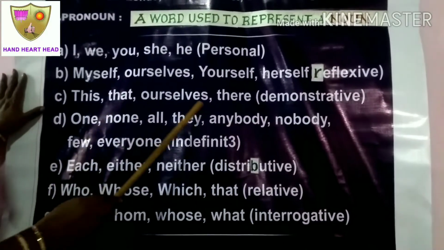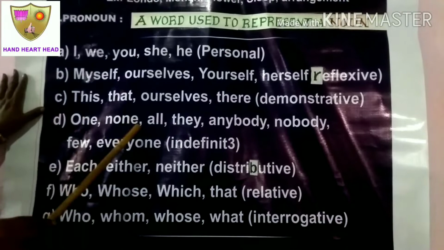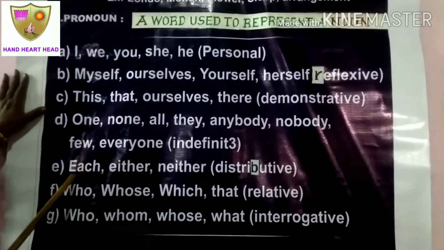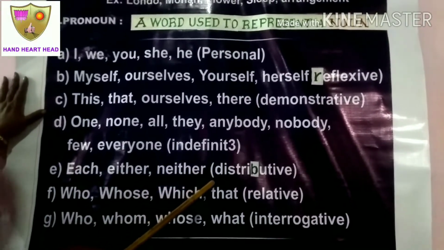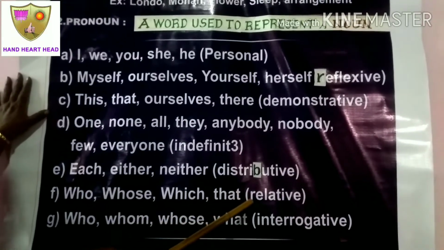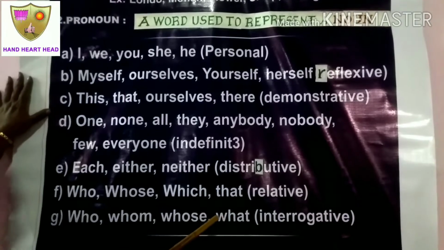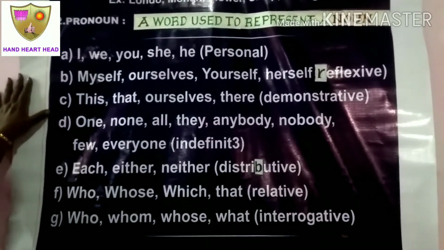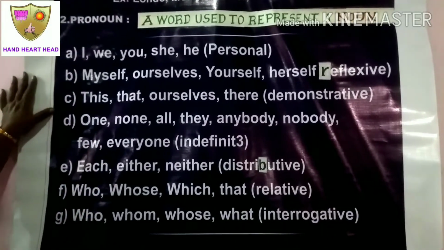This, that, these, those demonstrative pronoun. One, none, all, they are indefinite pronoun. Each, either, neither are the distributive pronoun. Who, whose, which, that, they are called relative pronoun. Who, whose, what, கேள்வி கேட்கக்கூடிய பயன்படக்கூடிய இந்த வேர்ட்ஸ் எல்லாம் interrogative pronoun என்று pronounஐ பல வகையாக பிரிக்கிறோம்.